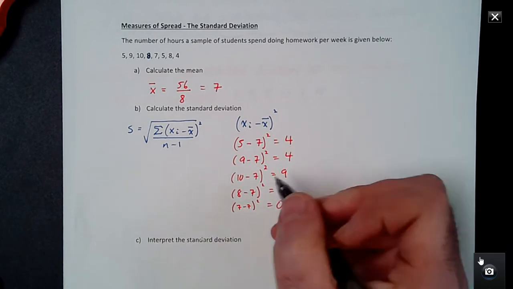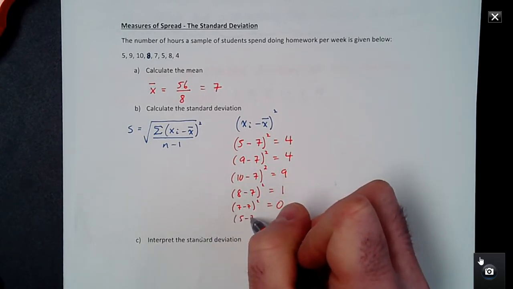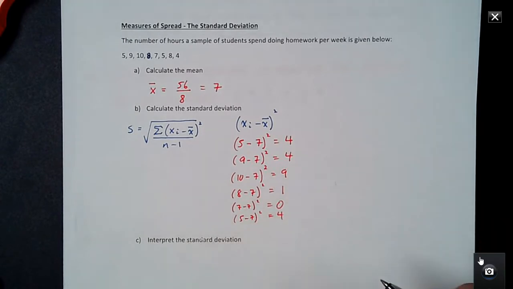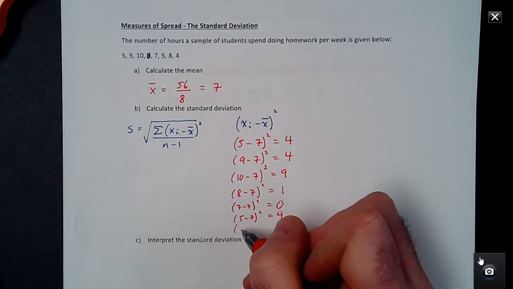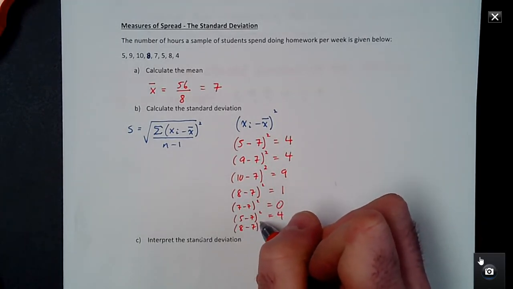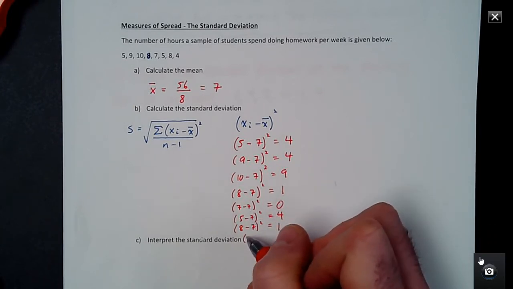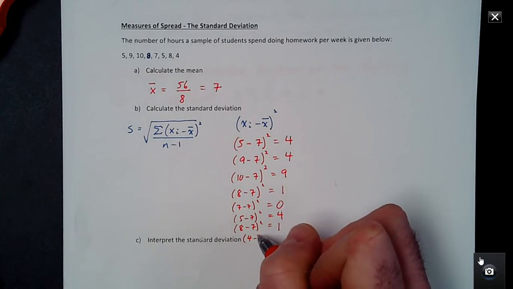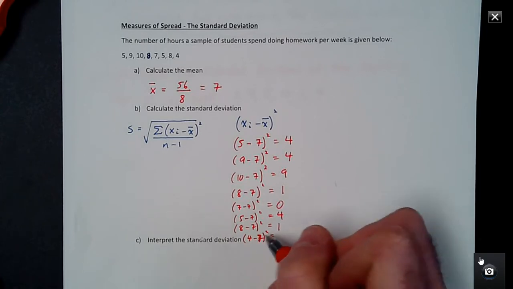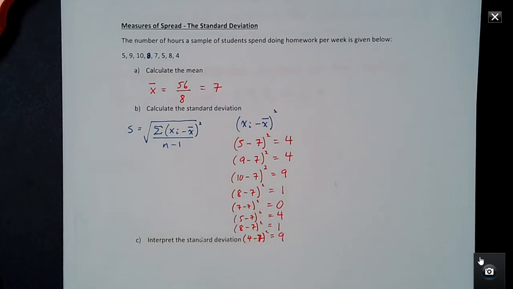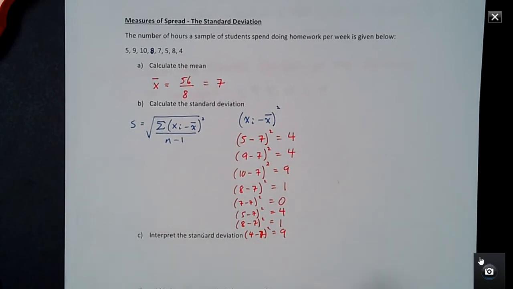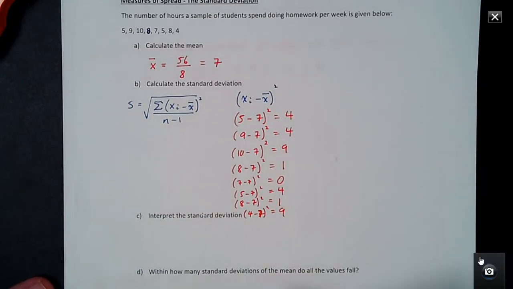That'll give you 0. 5 minus 7 squared. That'll give you 4. 8 minus 7 squared is going to give you 1. And then finally, 4 minus 7 squared, that'll be -3, all squared will give you 9. Note to self, for next time I need to make more space.